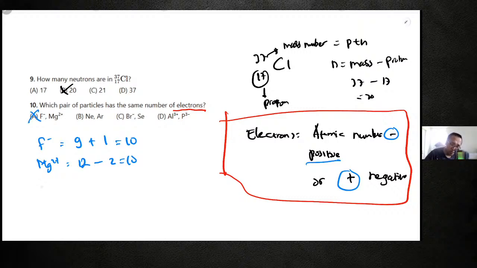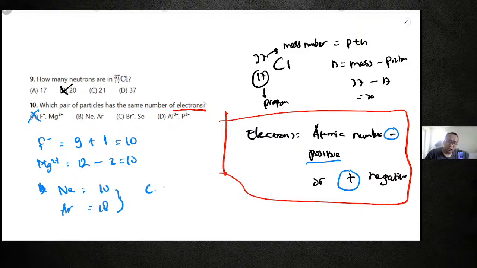How about B? Na has Z of 10, right? And then the electron is 18. So Na is 10 electrons and the other is 18, so it's a different number of electrons. And then how about C? The C is Br minus.